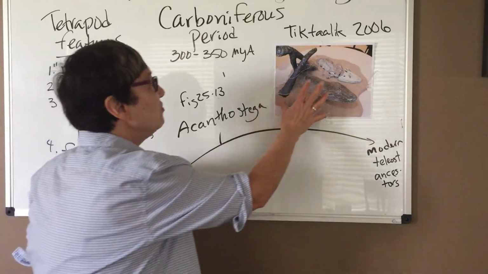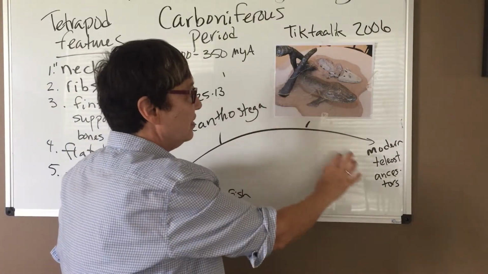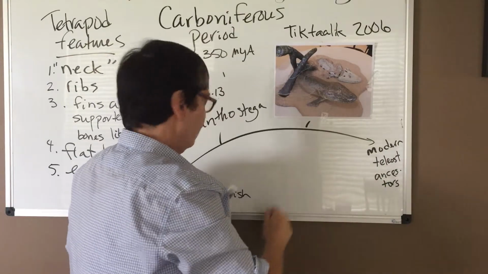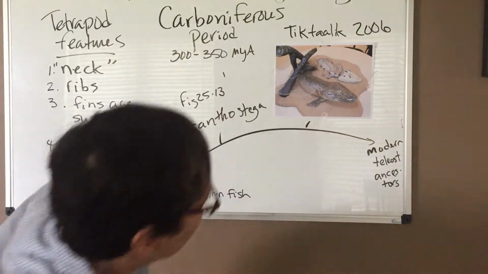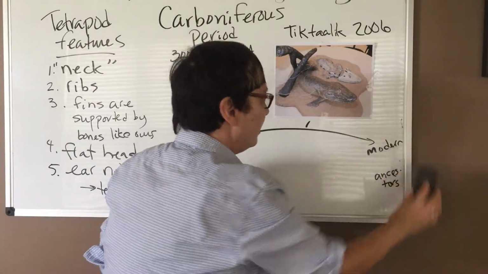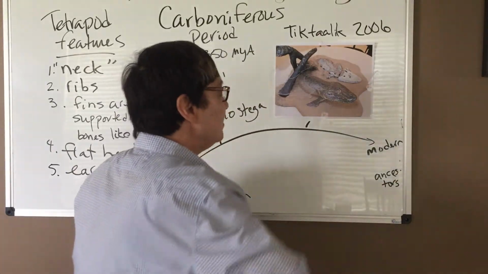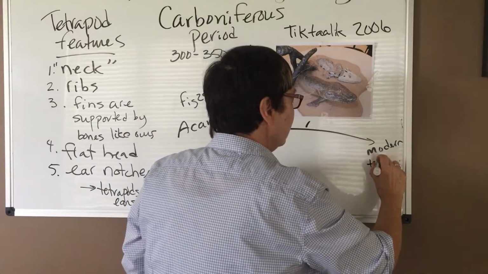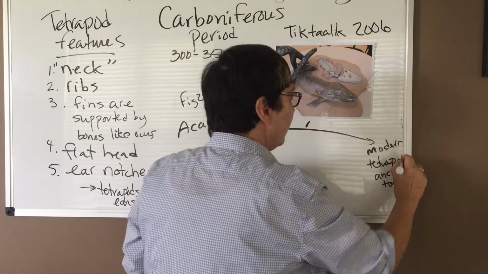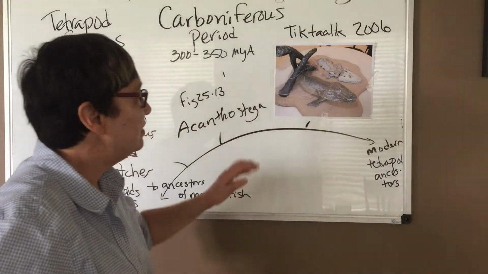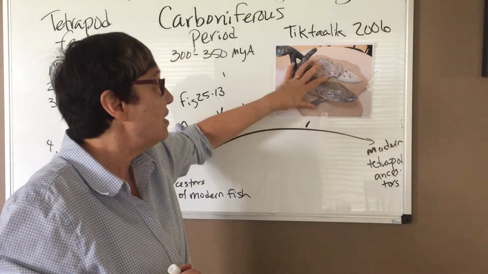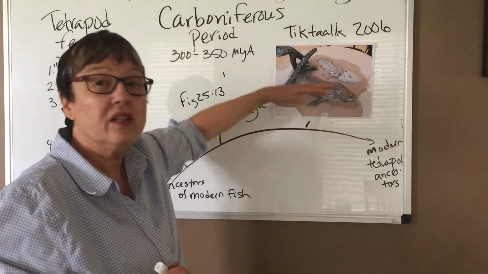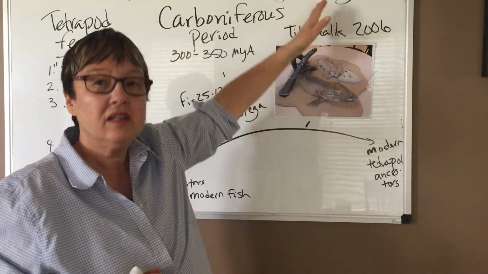So there's some relationship between Tiktaalik and the ancestor, whoops, I wrote that down wrong. It should be tetrapods. The ancestor of the modern tetrapod. But it's not a direct link. This is not a direct link between fish and amphibians.